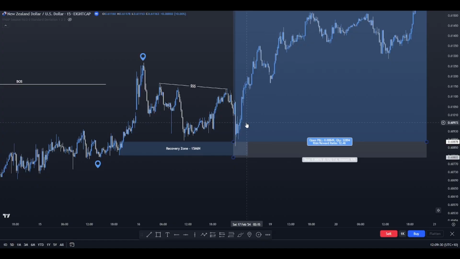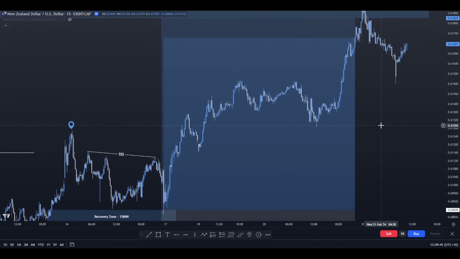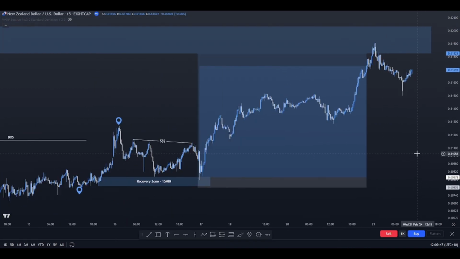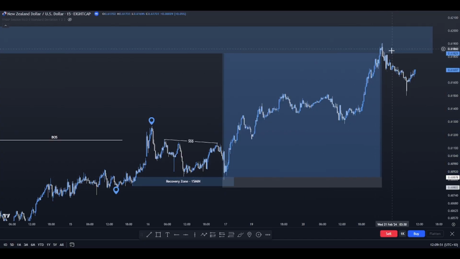The intraday bias, I know the high time frames were bearish, but on the lower time frames, as you start to step it down, prices are retracing within those overall time frames. So I took a buy off this position during the London session, and as you can see, I was actually targeting the 4 hour recovery zone that was all the way up here.